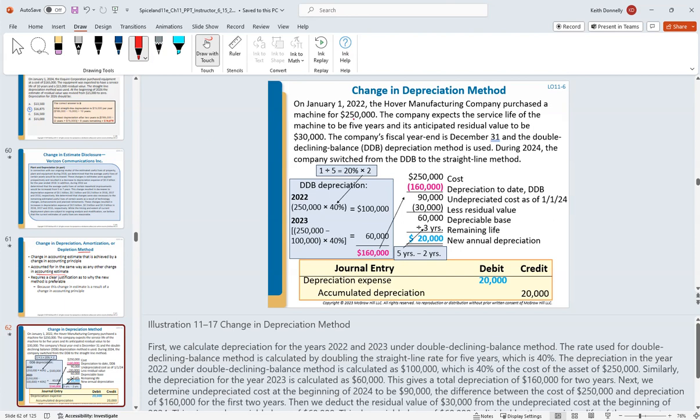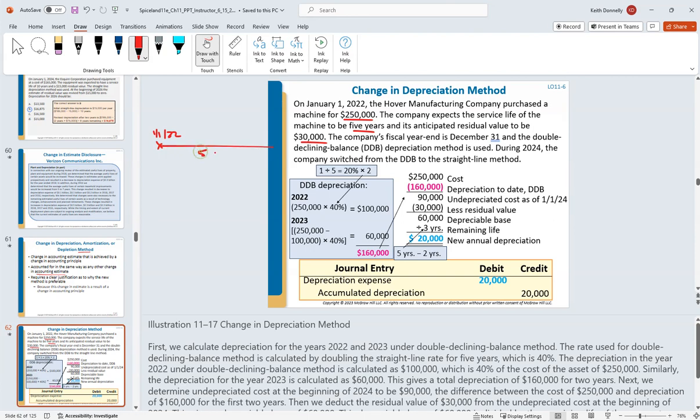Okay, so same kind of setup here. It looks like on 1/1/2022, they purchased the machine for $250,000. They expect the service life of the machine to be 5 years and residual value of $30,000.